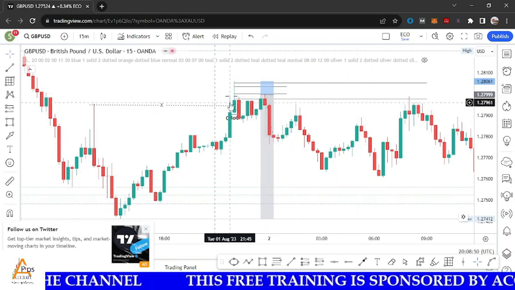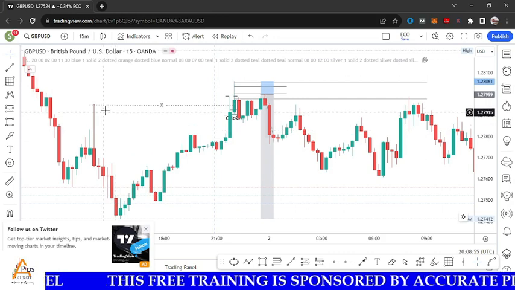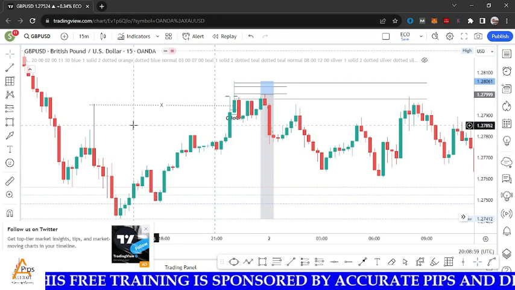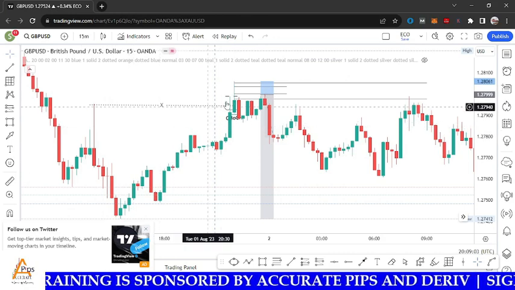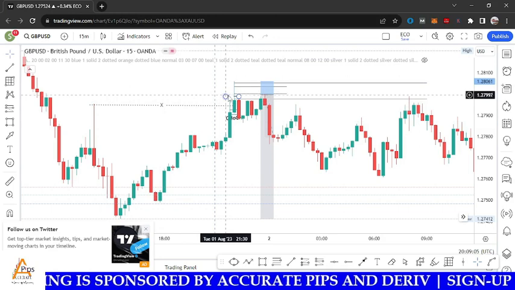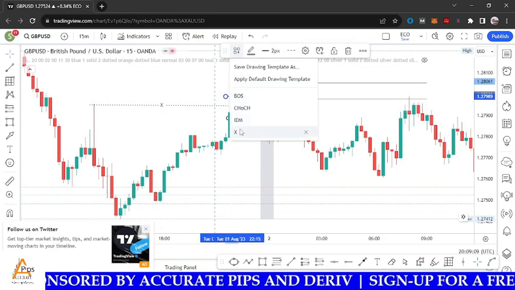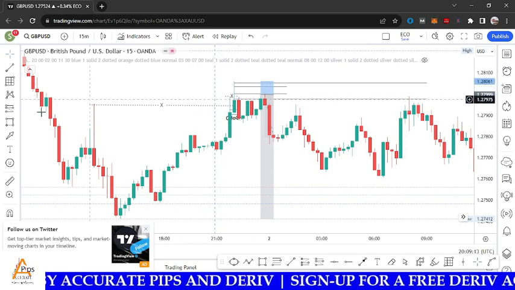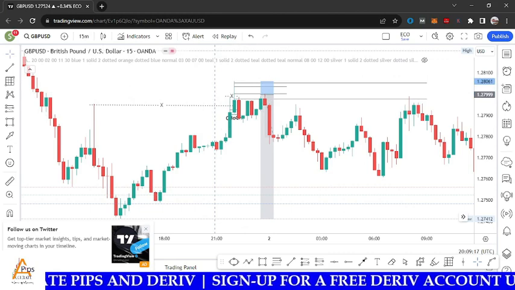Remember I told you that if this one was to sweep here and close with the candle body above, then this would have been considered a different thing when we were doing the BOS and so on. Remember? But here, that's why when I was explaining, I just didn't want to draw the second line again. So here also it has swept that top there, so that also makes it valid.